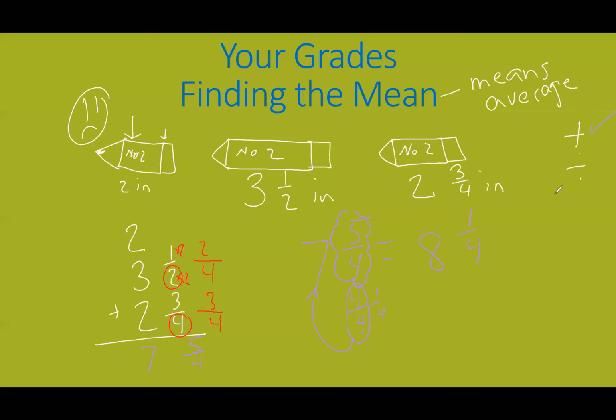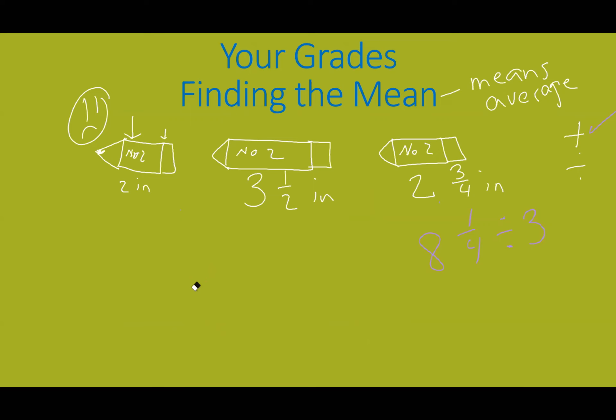So we're done with adding, and now we need to divide. We need to divide by 1, 2, 3. 8 1/4 divided by 3. Oh my goodness, my loves, we have so many choices that we could do. Let me clean this up in order to do this math. Can you think of one strategy that we could use? We can divide, right?